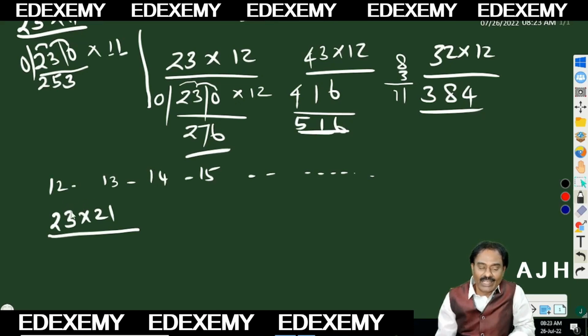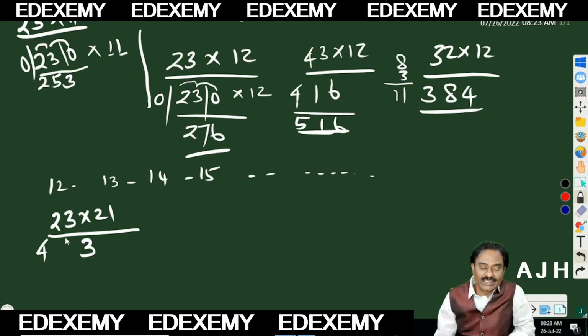If it comes like this, the process will be reversed. In the opposite direction we have to do the same trick. Now the unit digit multiply 2 into 1 and the tenth digit you multiply 2 into 2 is 4. The same, you have to find what is the value in between them. Both are same. Now 1 into 3, unit digit 3, 2 into 2 the tenth digit is 4.